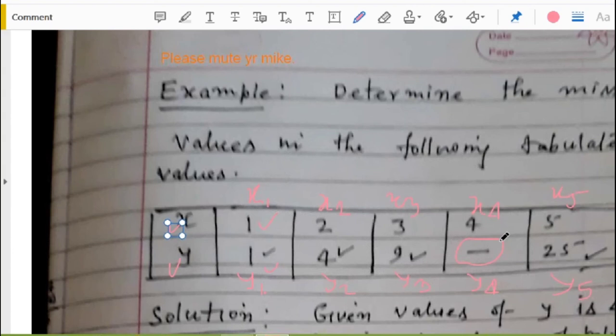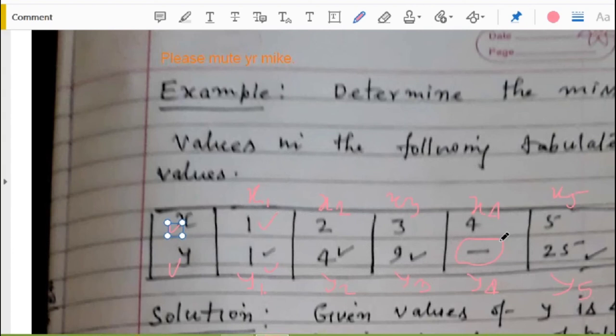Suppose this table has a large number of argument values, starting from 1 to 100, or 1000. Can you do it manually? You cannot. If there are 10 missing values, can you find them?